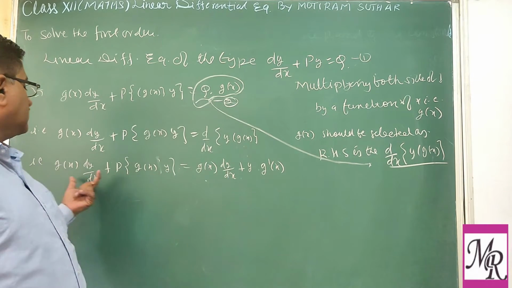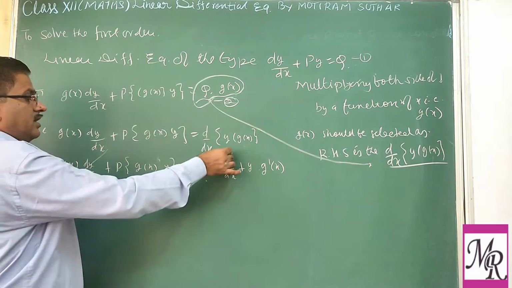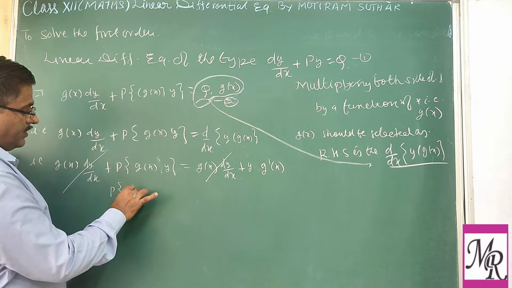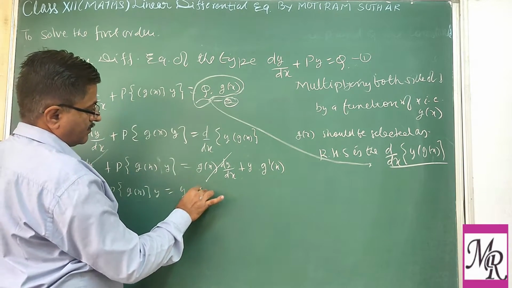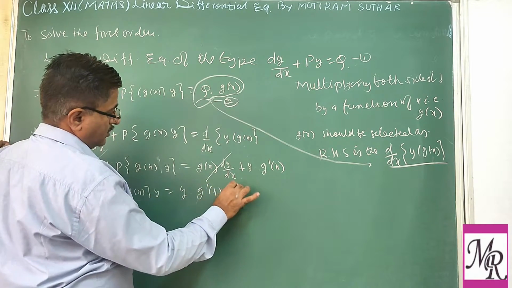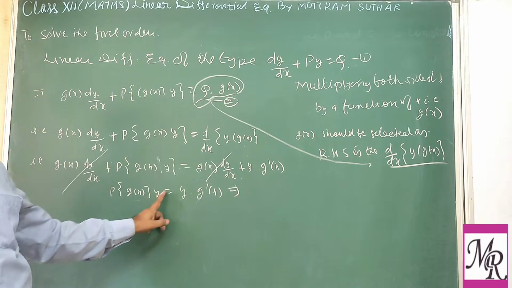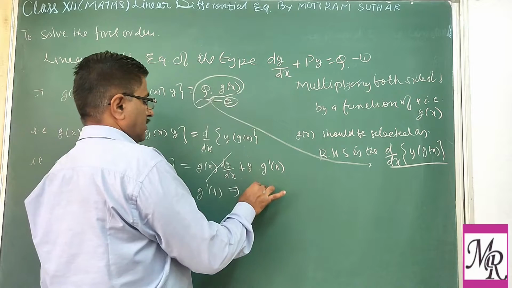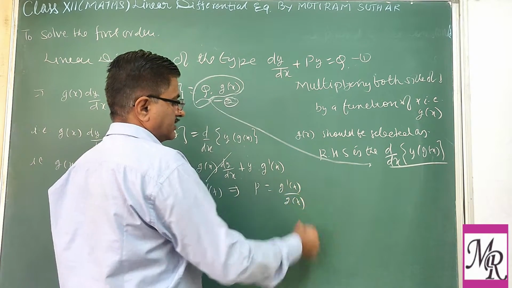Now you can compare both sides. g(x) into dy by dx cancels out with g(x) into dy by dx, so the first terms on both sides cancel out. So what we get? p g(x) equal to y into g dash x.